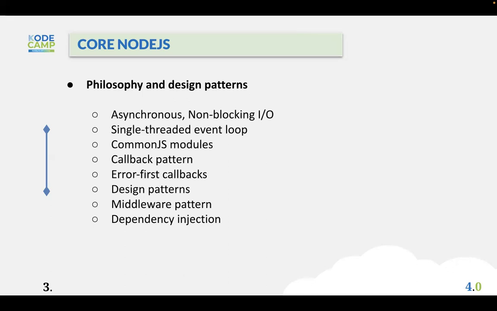We also have the behavioral patterns, which contain the callback pattern, promise pattern, async await, and the observer pattern. We already know about the callback pattern, the promise pattern and async await, but we don't really know what the observer pattern is.